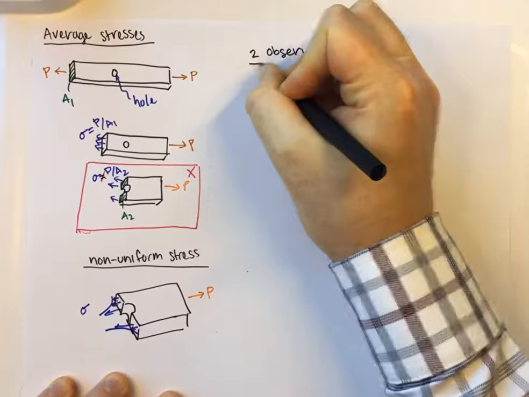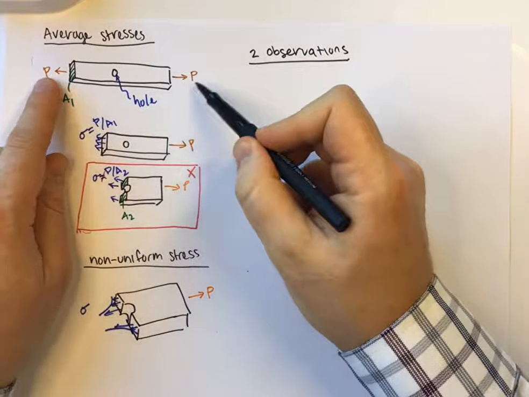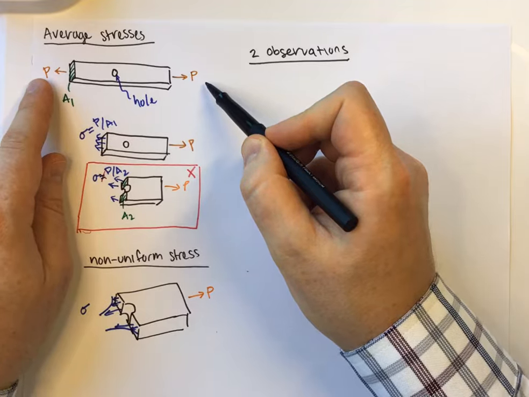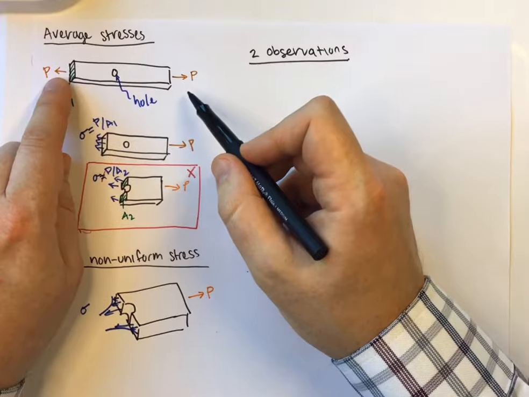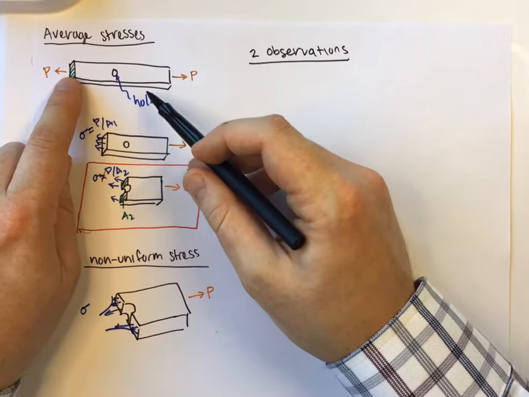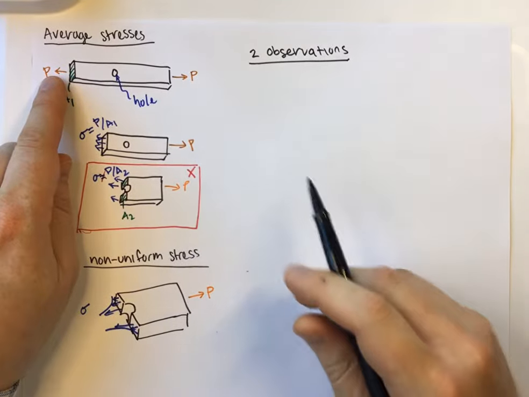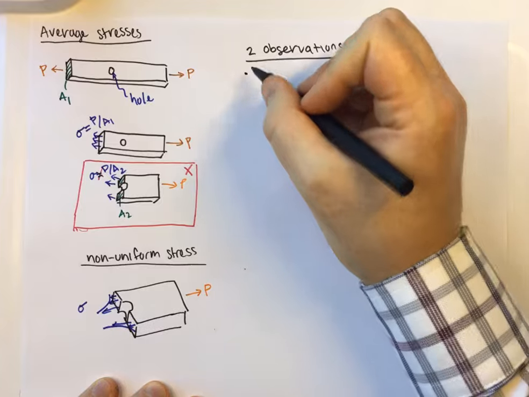The second one is that if I just have a bar and it has a hole in it, and I pull with some force P, and I look at the elongation of that bar, as long as there's not a lot of holes, as long as there's just this one hole and there's quite a bit of bar on both sides, we don't really have to worry about the hole.